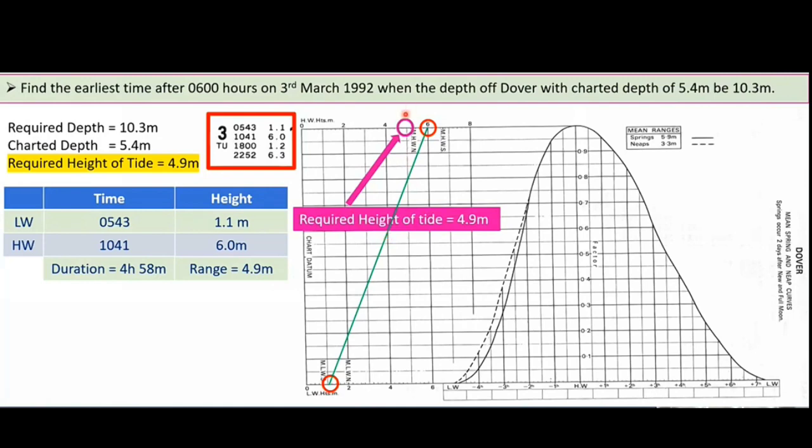So from this 4.9, we come vertically down to the interpolation line like this. Now where it hits the interpolation line, from where we go horizontally to this curve. Now when we go horizontally to this curve, we could stop here on the left side of it, or we could go to the right of it. Now you have to see whether your time of occurrence is before high water or after high water.